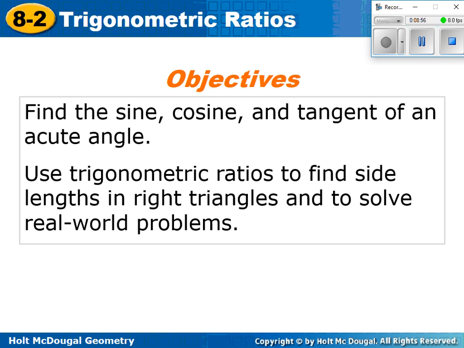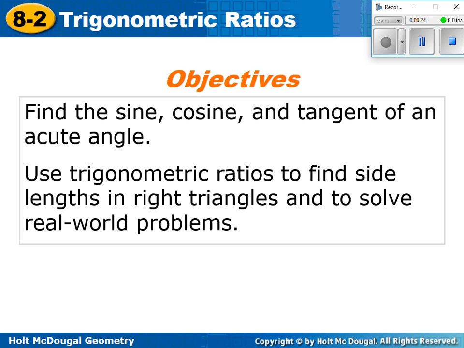Okay? So notice what happens when I look at some ratios here. For example, let's say I take the opposite side and divide it by the hypotenuse. What's the opposite side? 8. What's the hypotenuse? 10. What does that reduce to? 4/5. Go to this triangle.